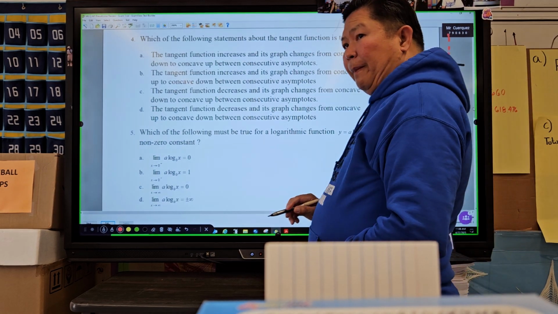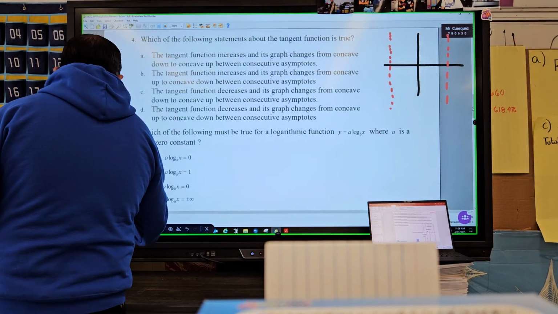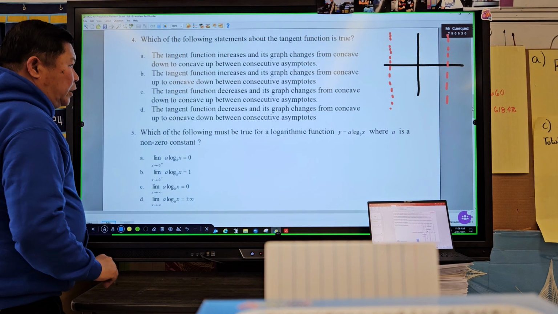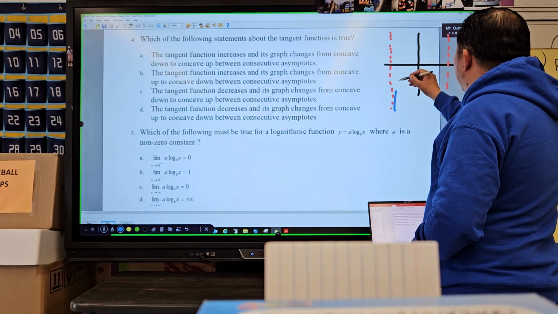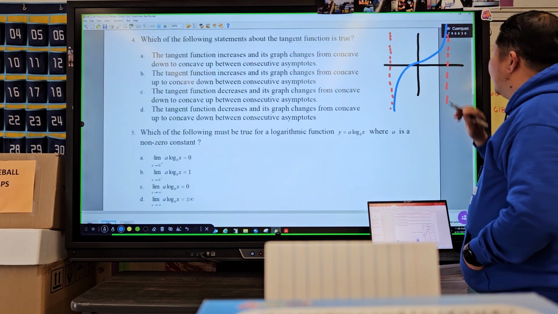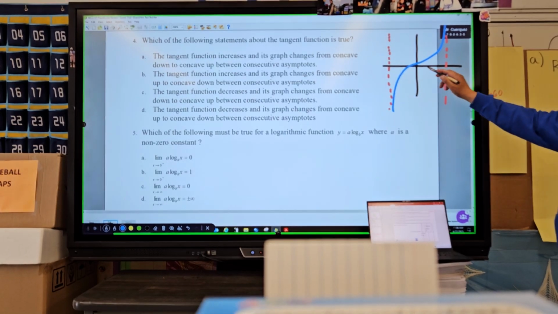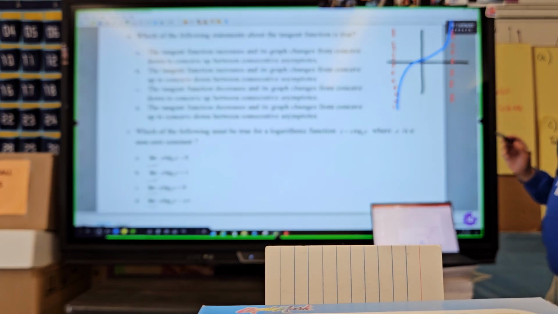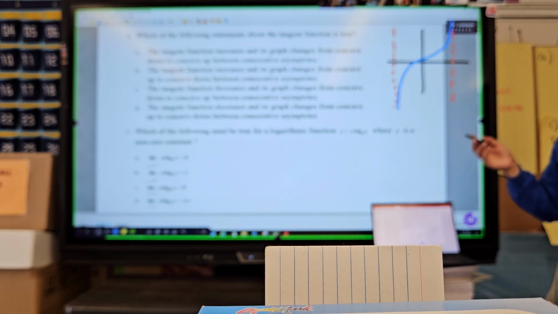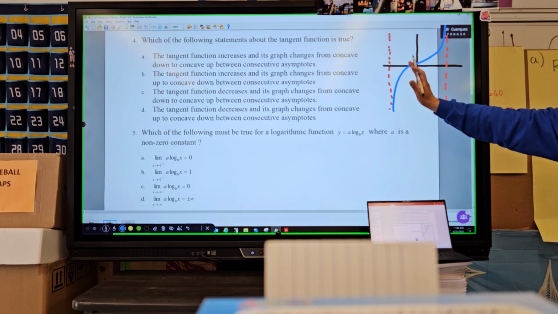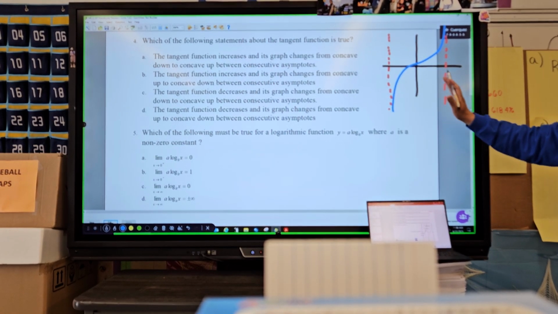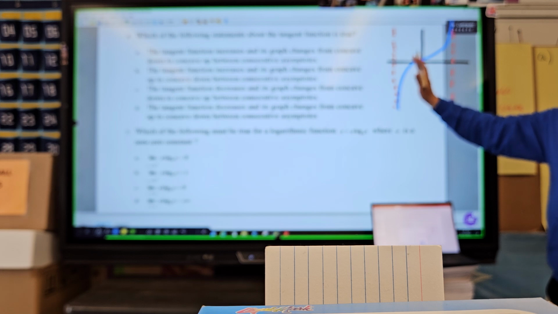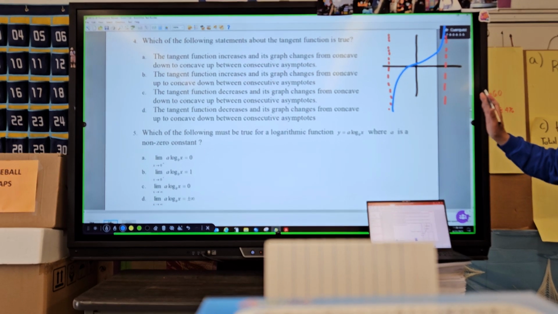Okay. Remember, the behavior of the graph of tangent function is this way. Okay? Assume that it crosses right here at the origin. But let's have the behavior of the tangent graph. The tangent graph is between the vertical asymptotes.